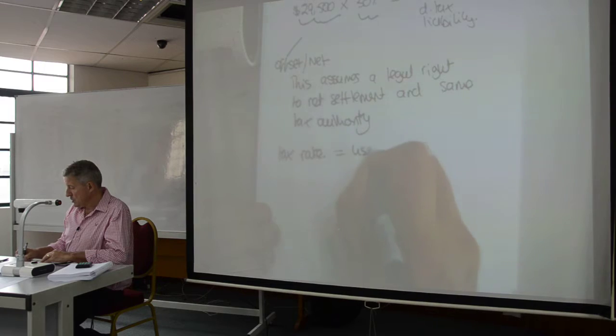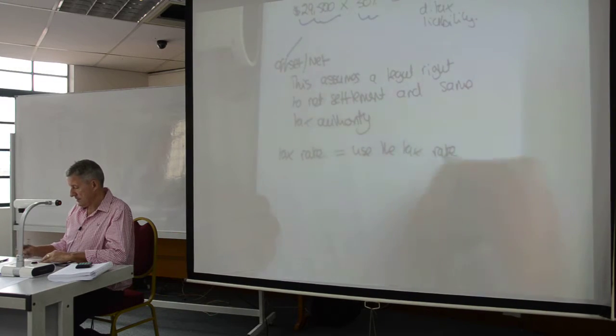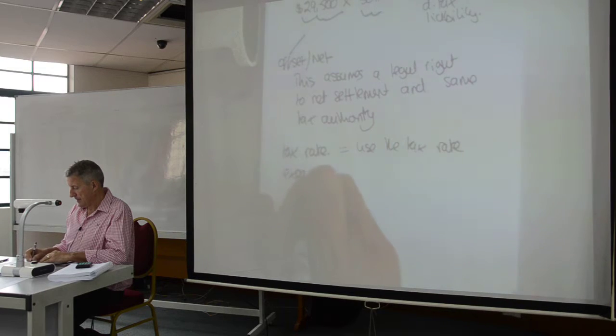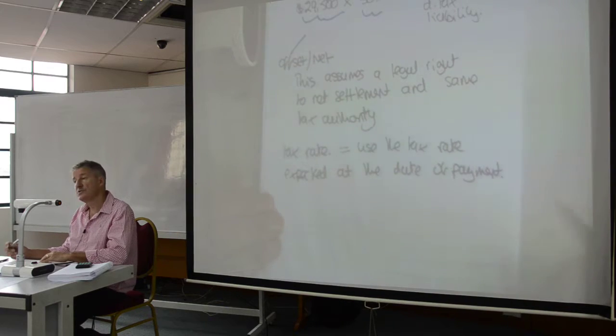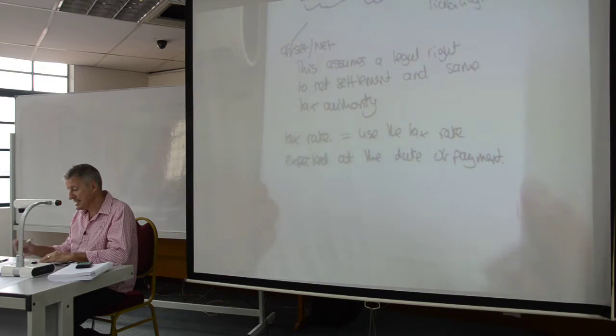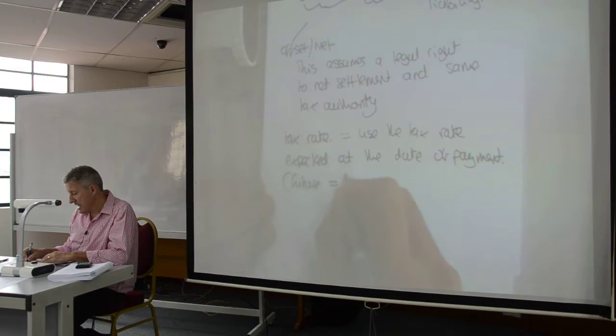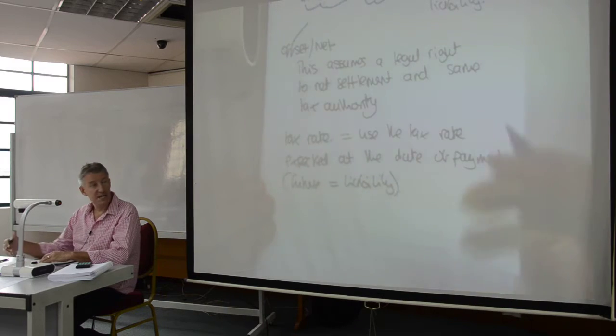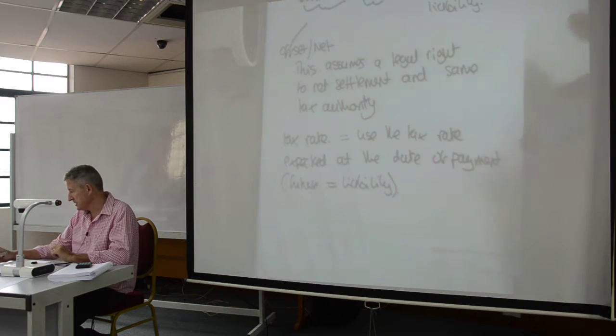Use the tax rate expected at the date of payment. In other words, use the future rate. We're creating a liability. So it's at what rate are you going to have to pay the tax?